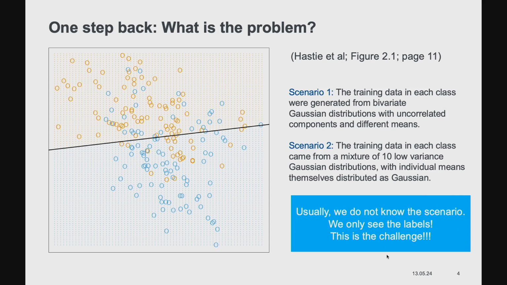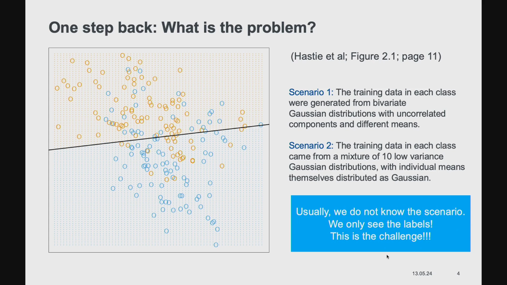So we have here two scenarios. The example is taken from the book by Hastie. And in the first scenario, the training data in each class, so for the yellow class and for the blue class, was generated from a bivariate Gaussian distribution with uncorrelated components and different means.